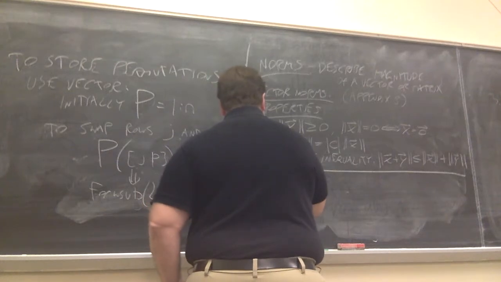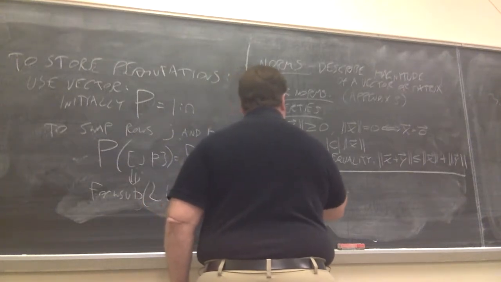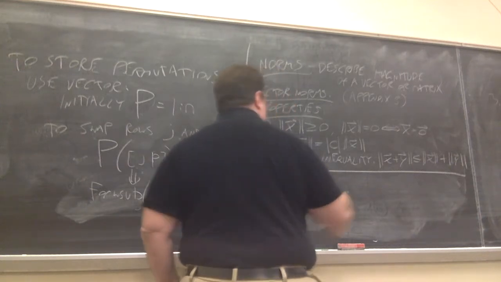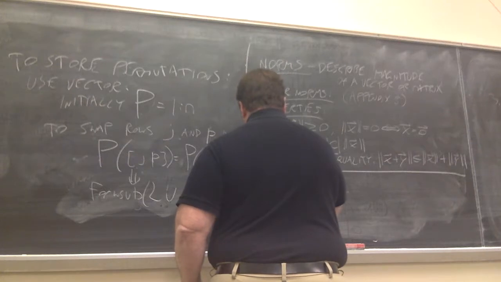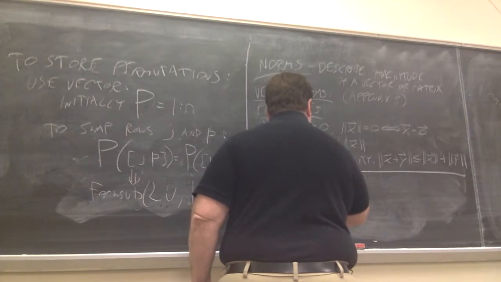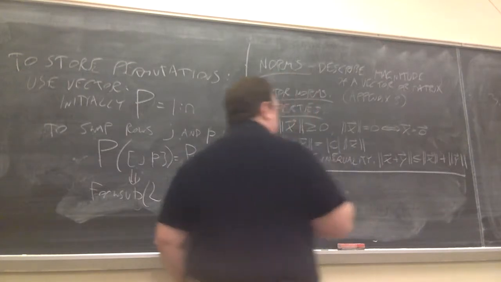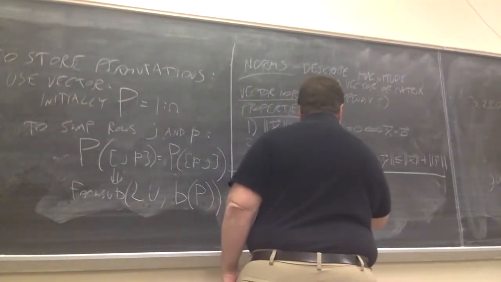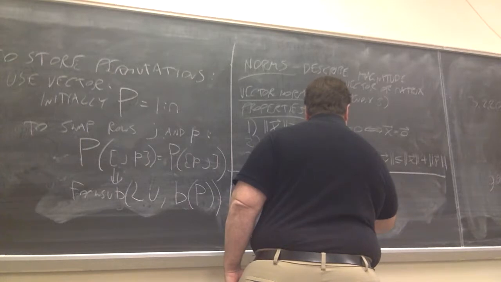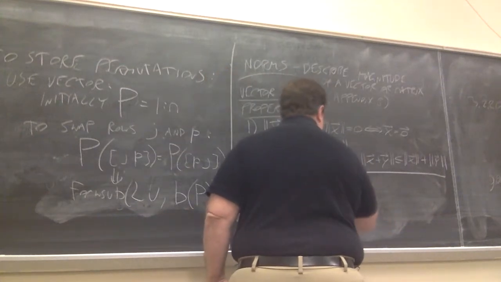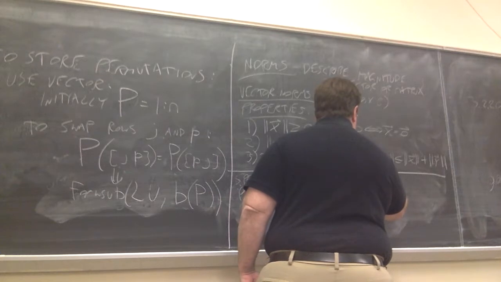So, here are some specific norms of interest. Well, first, a category called p norms, indicated by the subscript p, where p is going to be a number. What you do is you take the sum of all the entries, absolute value, raised to the p power, sum them all up, and then you raise the sum to the 1 over p power.